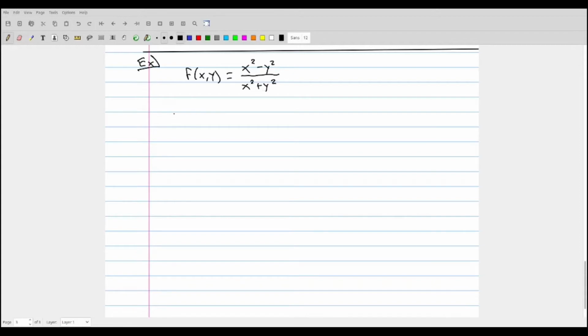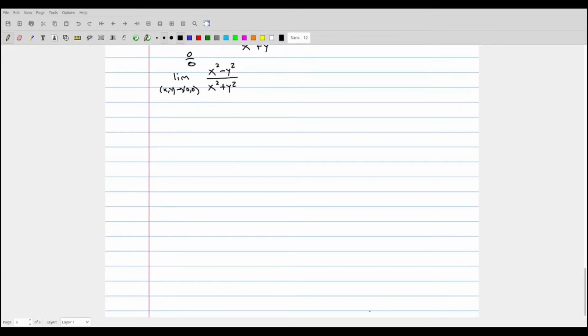If you look for the limit at the origin, you run into a problem, because if you just try to directly plug into this expression, you'll end up getting 0 over 0, which is an indeterminate form. And it turns out that the limit of this function just does not exist at the origin.